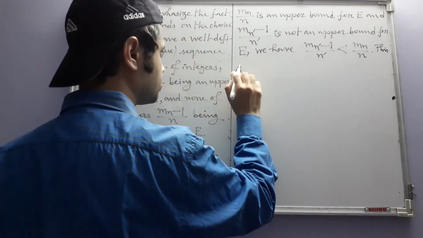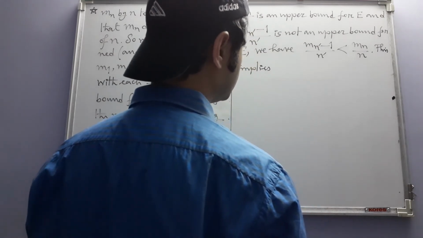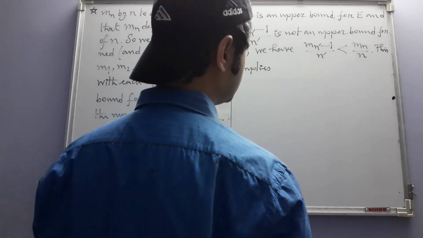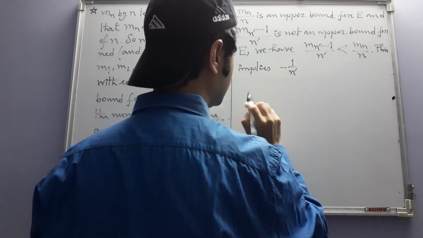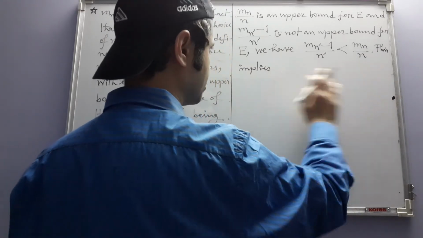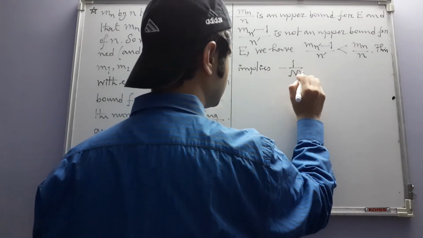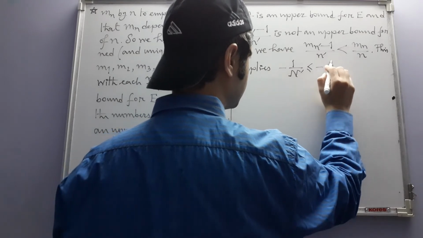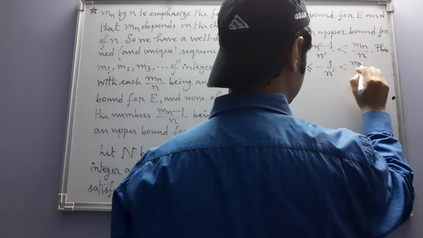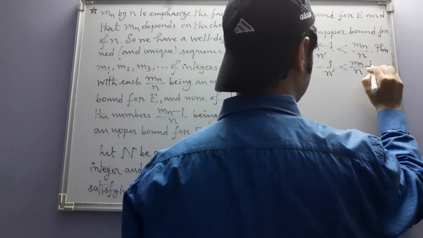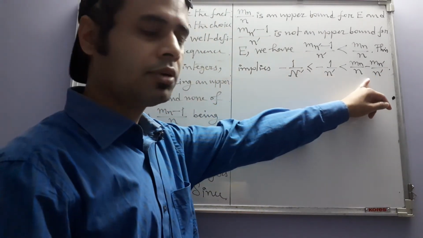This implies, we can in fact write the whole thing here itself, you will understand, this is less than or equal to −1/n', which is less than m_n/n − m_n'/n'. The second inequality is clear.